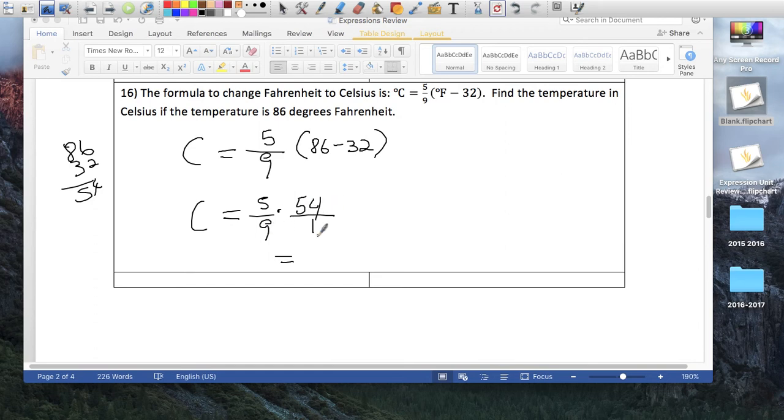Top times top, bottom times bottom. So 9 times 1, the bottom is 9. And 54 times 5 is, let's see, 5 times 4 is 20, carry the 2, 270. And 270 divided by 9 is just 30. So in Celsius, 86 degrees is 30 degrees. Okay, so now they would understand how hot or cold we would be.